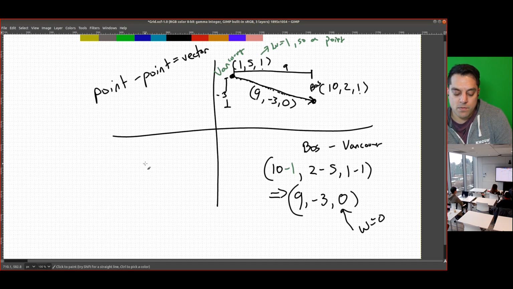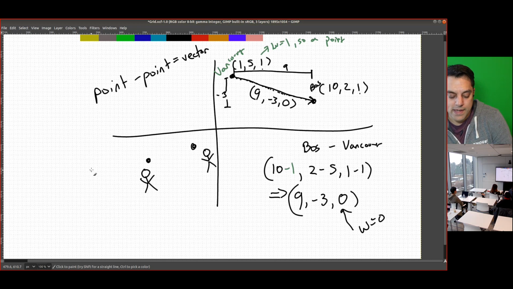And that also bars us from one circumstance. If I have a person here who is a point and another person here, you can't do a point plus a point. It doesn't really make sense. Point plus a point does not work. I think I have it on a slide later, so you don't have to memorize it.